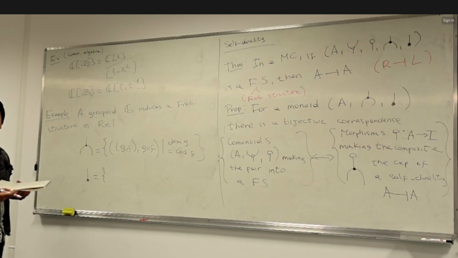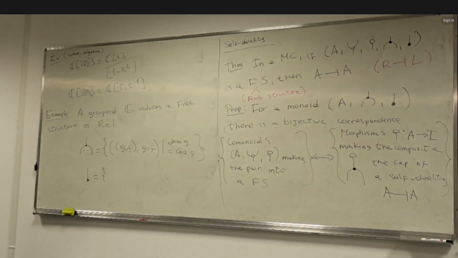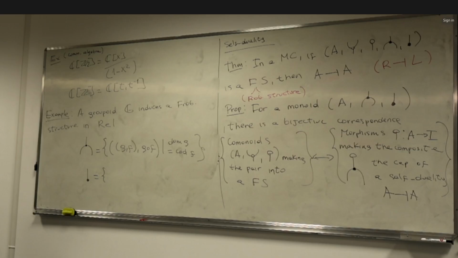So G is a groupoid. A groupoid uses a Frobenius structure in Rel, the category of relations. Yeah, okay.